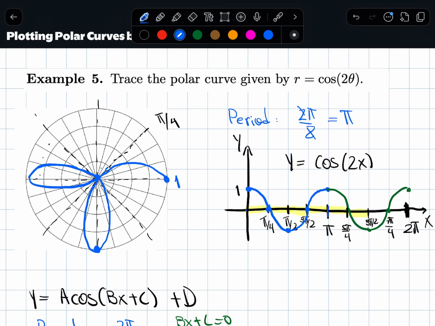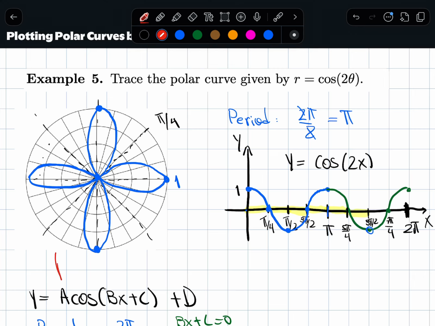So you'll be going all the way to -1 when you get to 3 pi over 2. 3 pi over 2 would make you face this way, but because it's negative, you'd go all the way back to the other direction. And if you continue this idea, I'm going to close this up this way, and then you're going to close this up this way. So this is going to be this four-leaved rose curve.